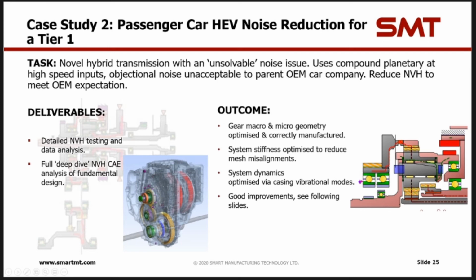There was an additional problem associated with high wear on one of the bearing races, the needle roller bearing race, which again was associated with the system stiffness. So the bearing had high misalignment and was skidding.